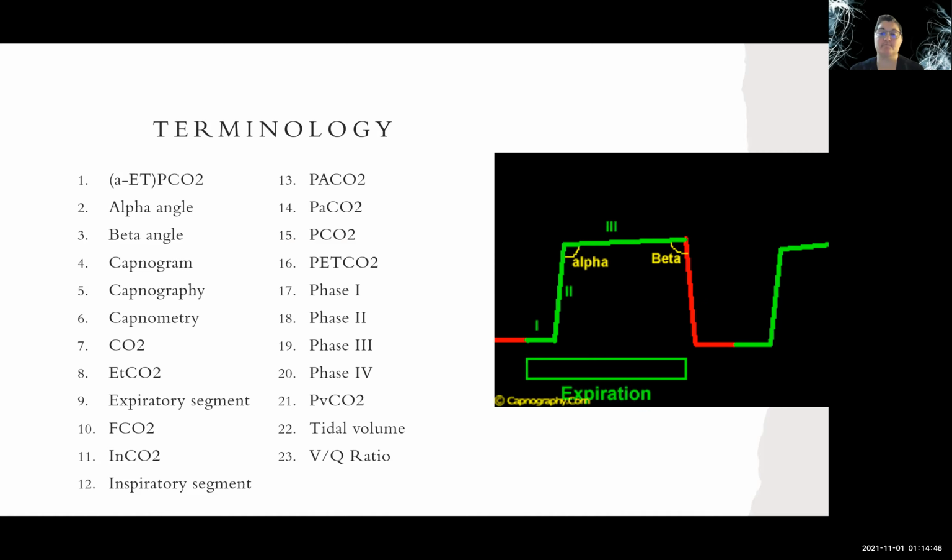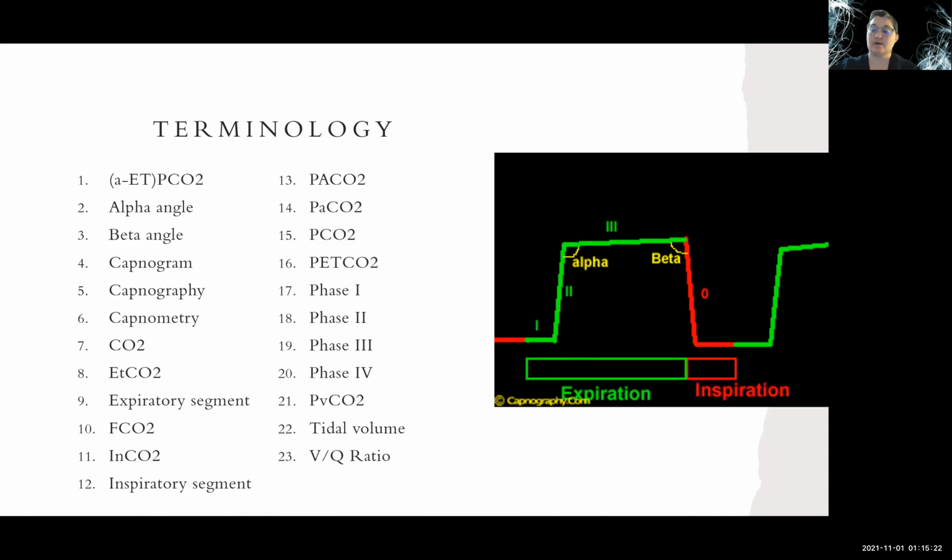And we'll talk more about VQ at the end, but this has a pretty important aspect whenever we're talking about capnography. Just briefly to tell you, VQ is dealing with V for ventilation and Q for perfusion. So when you see VQ, whether it has a dash or slash in between or not, VQ is talking about the air that's inhaled as well as the blood flow.